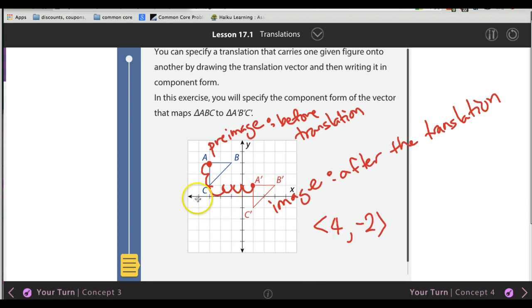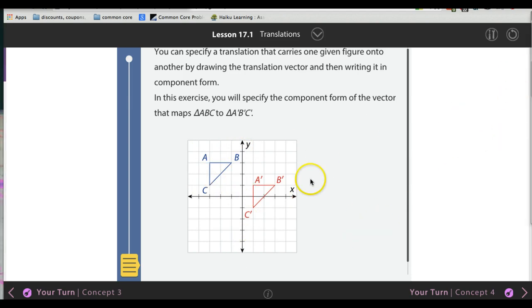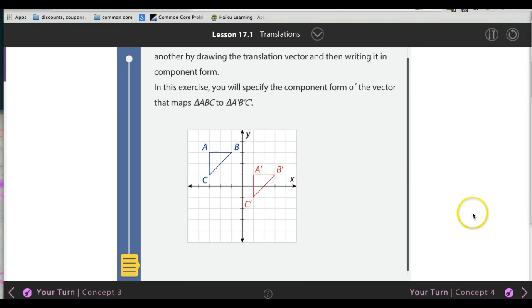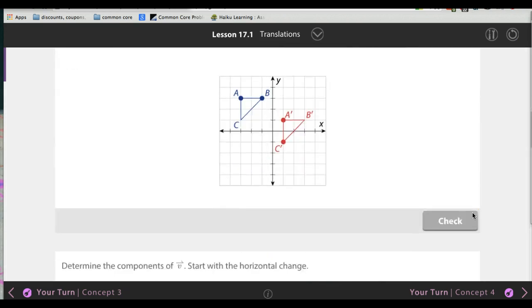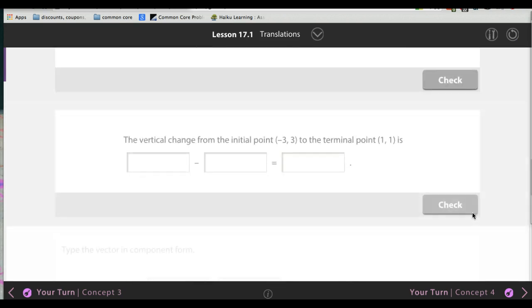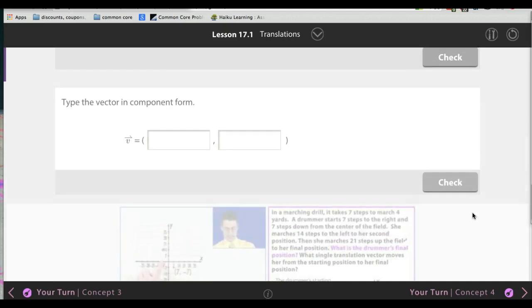So when we're moving sideways, that's on the x-axis. So we put 4 first. And then when we're moving up or down, that's moving along the y-axis up and down like this. So make sure you put that in the back. And that is the correct answer that you already got right there. So anyway, if you scroll down and follow all the steps, you'll find out that that is the correct answer.